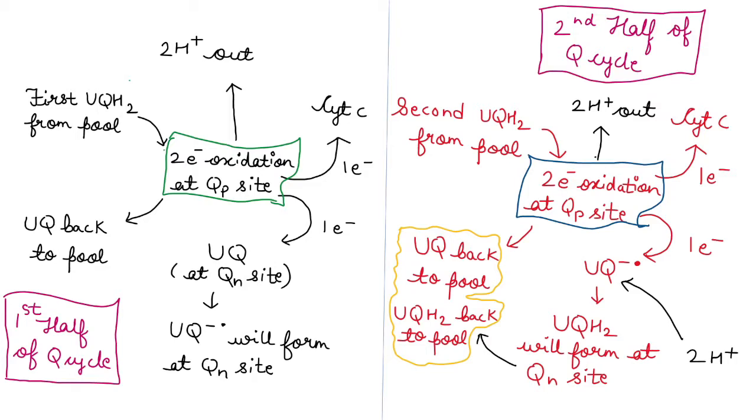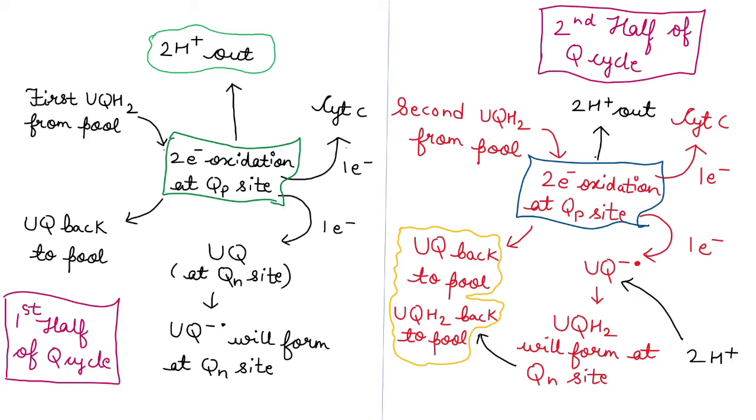First, ubiquinol or UQH2 from the pool will come and bind to the QP site which is present on complex number 3. After that, oxidation of it will occur, which means 2 H+ ions will be released to the intermembrane space. 2 electrons will be released.